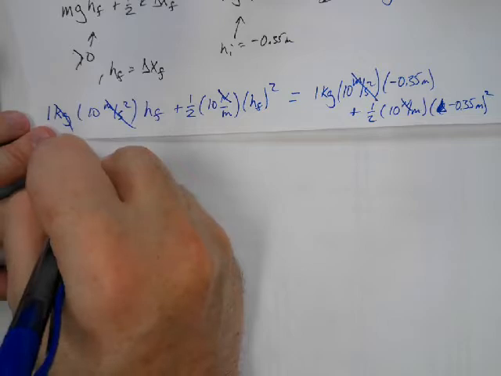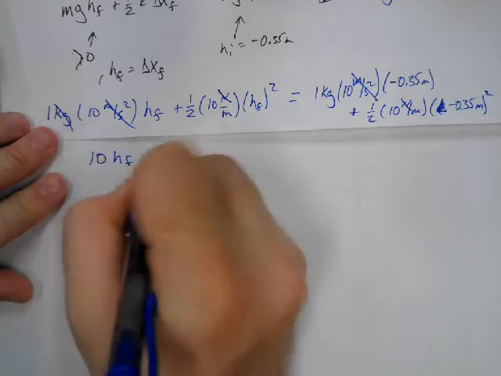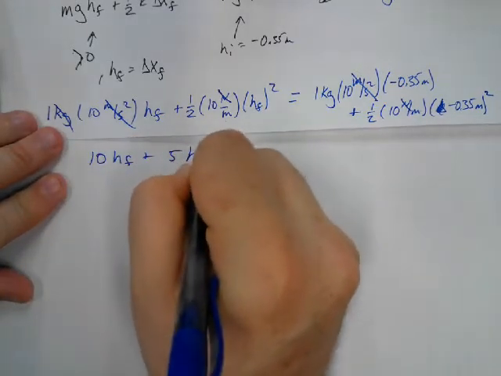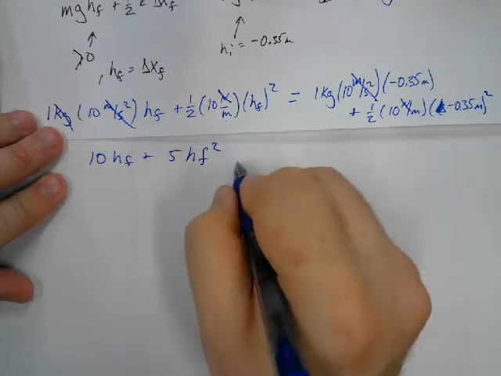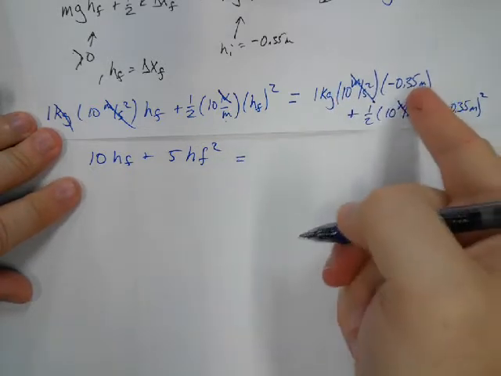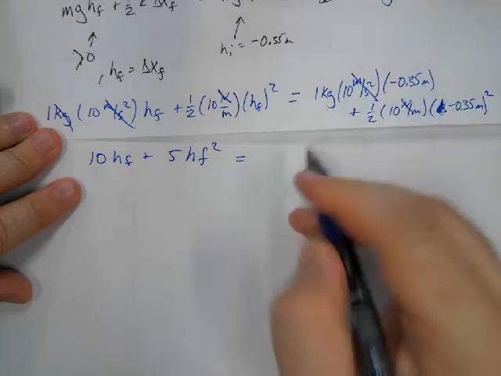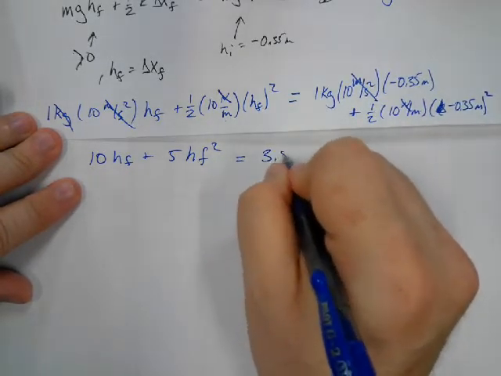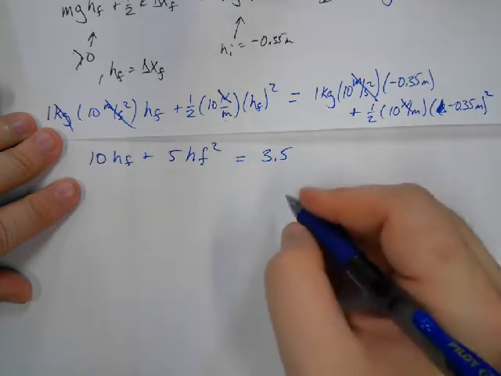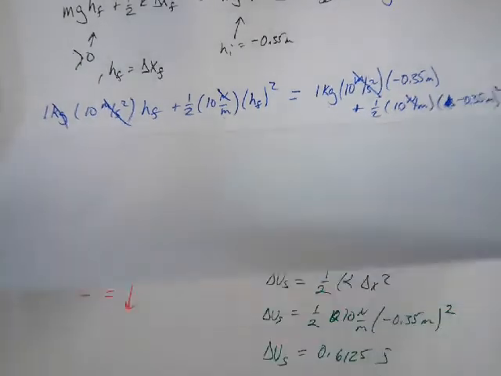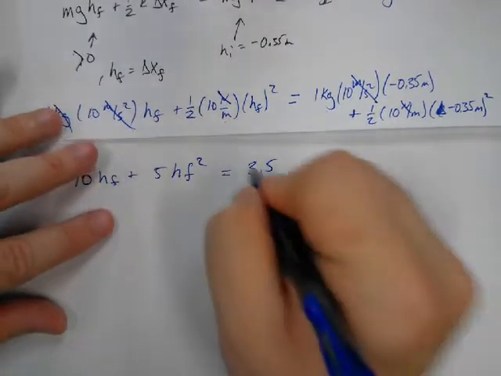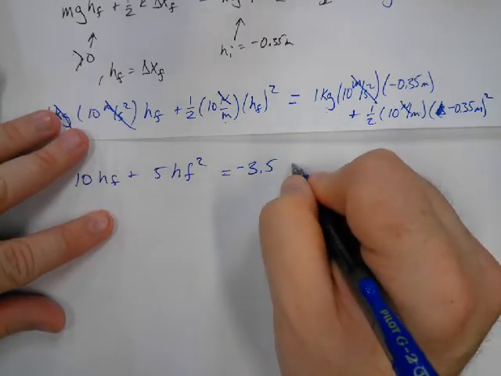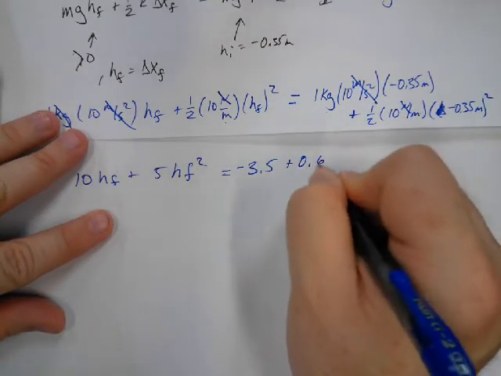And so we'll have 10 h final plus 5 h final squared equals, well, this first term here is 3.5, and the second term is, what was it we calculated? Minus 3.5 plus 0.6125.